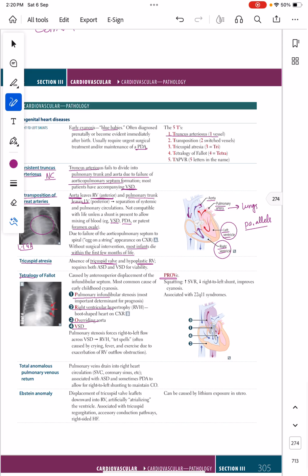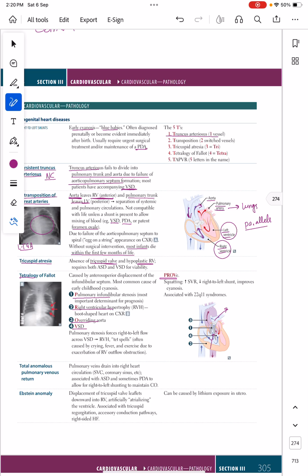You can see here that from the right ventricle the pulmonary trunk is arising. That pulmonary trunk is stenosed, so blood is not able to move from the right ventricle to the pulmonary trunk and then to the lungs. So there is a problem in the oxygenation of the blood.